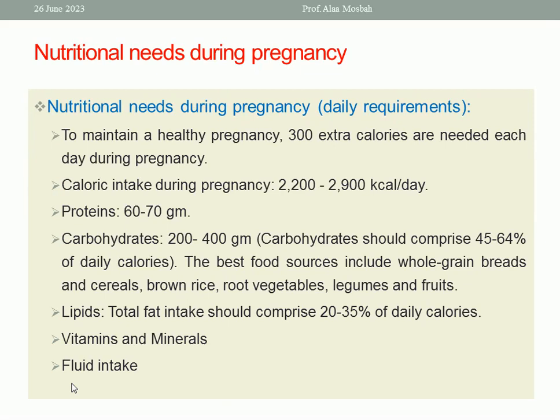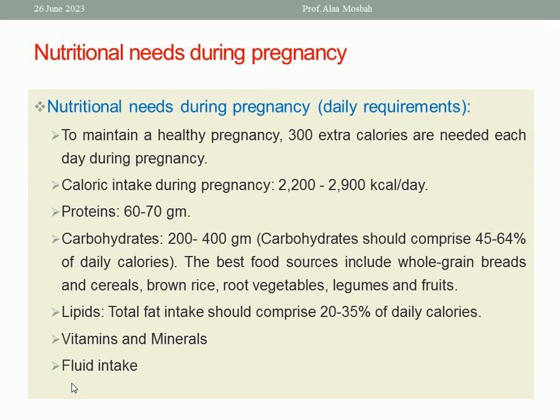The best food sources include whole grain breads and cereals, brown rice, root vegetables, legumes, and the fruits. What about lipids? Total fat intake should comprise 20 up to 35% of daily calories.